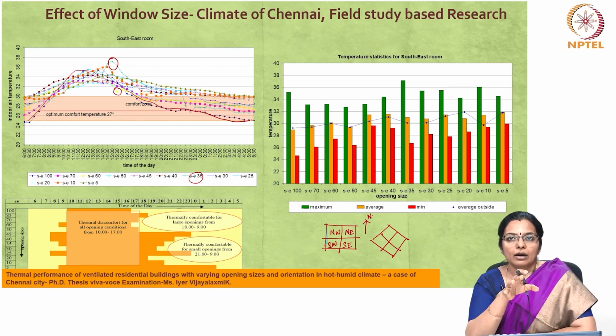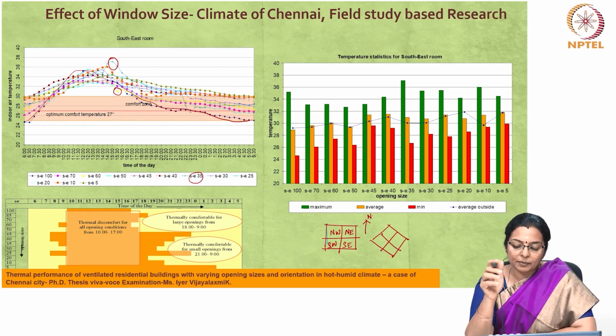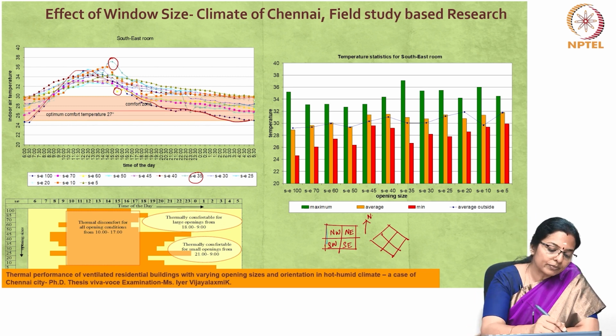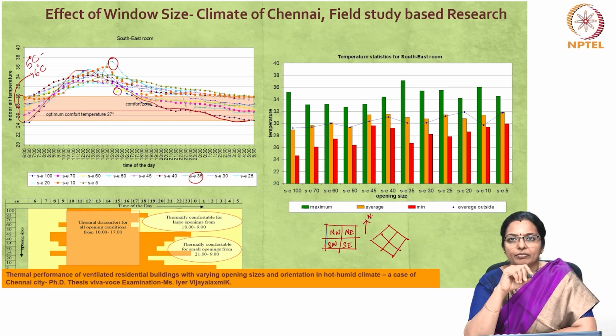So, even just because of change of opening sizes, we can get temperature difference of about 5 degrees to 6 degrees centigrade.